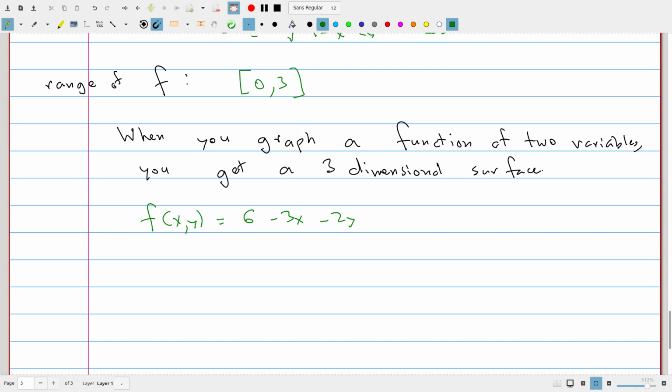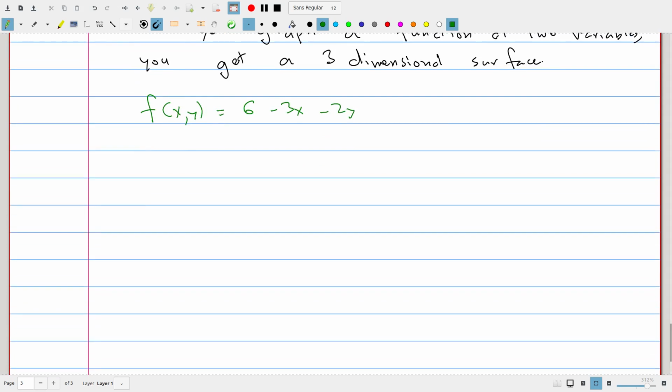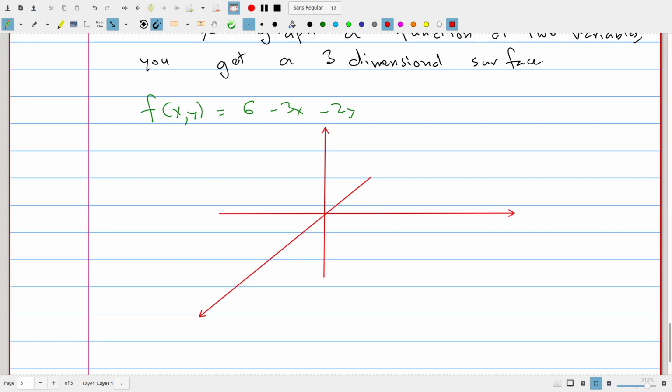Once we know 3 points on the plane, we know the equation of the plane. So let's make the plane. You have the z-axis, x-axis, and the y-axis. This is a right-handed coordinate system.